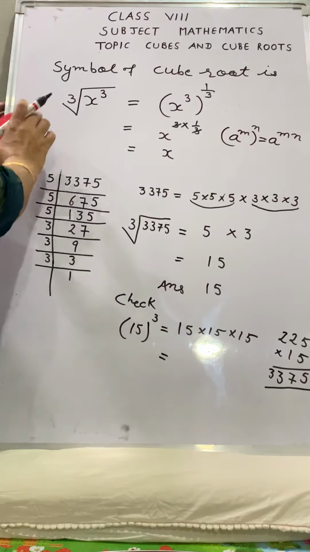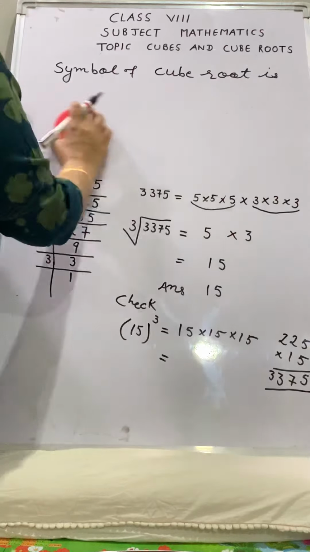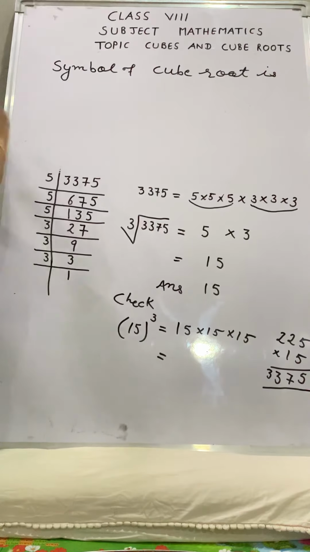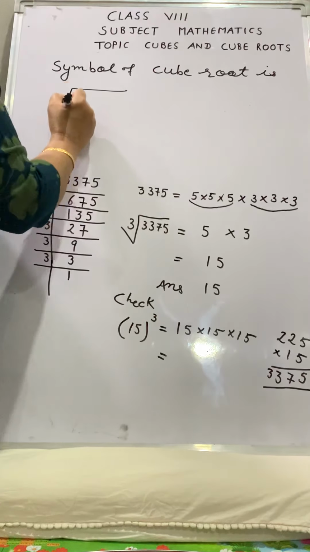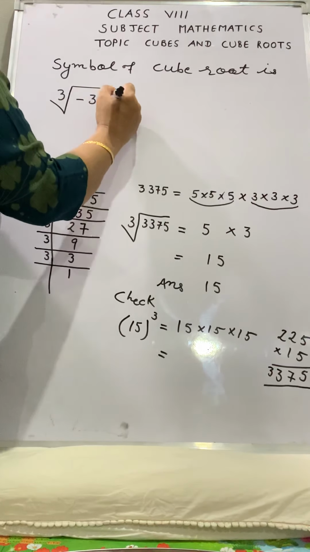Second example. Suppose you have to find the cube root of minus 3375.